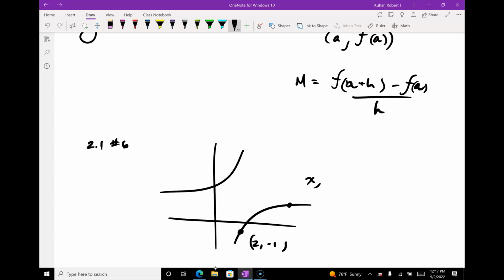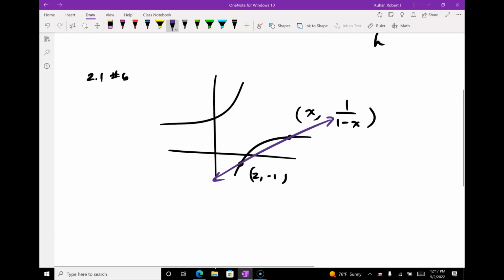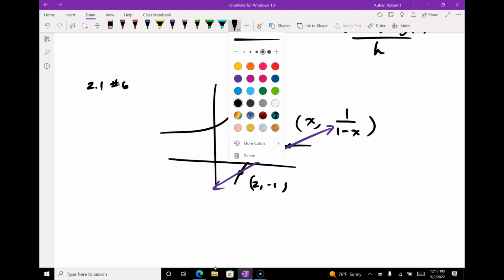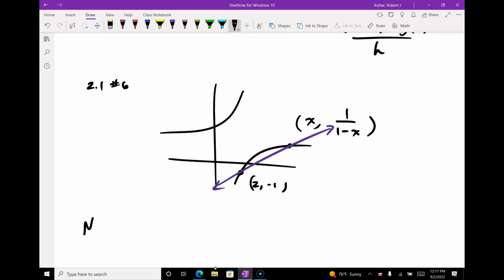I think it'll be easier to do it like this: x, f of x, x comma f of x. Let's get my secant slope here. Now notice if I use it like this, I only need an x value. So when the book gives me direct x values, I can use the direct x value. So what's my secant slope here?